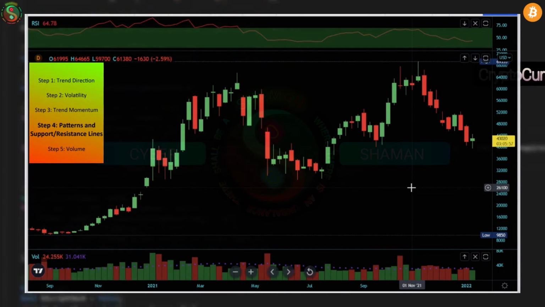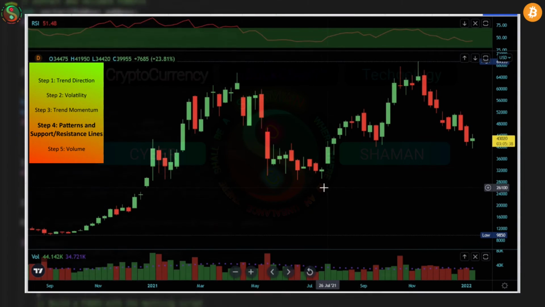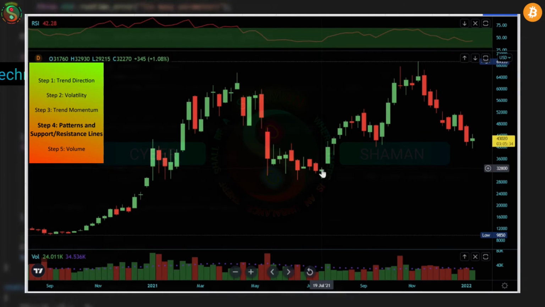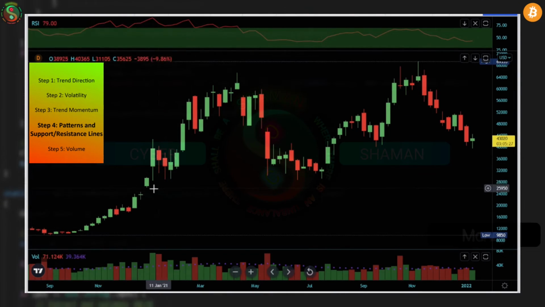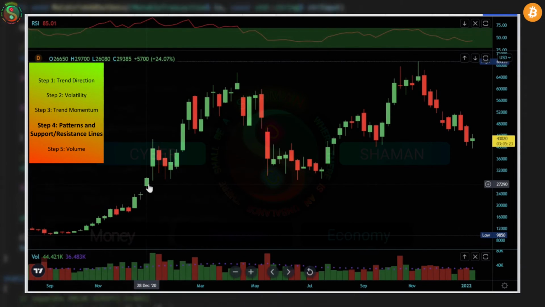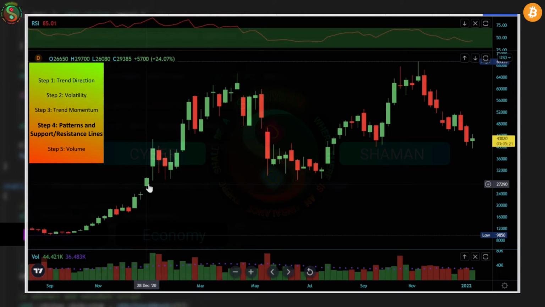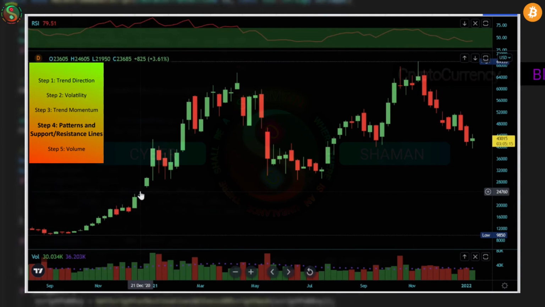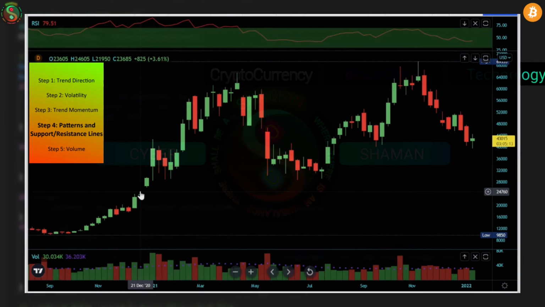It is said that price tends to fill the gaps. On the weekly chart, we see a gap between the 3rd and 4th weeks of July at around 33k, and another one between the 3rd and 4th week of December 2020 at around 24k. But I prefer not to pay attention to gaps in this market.